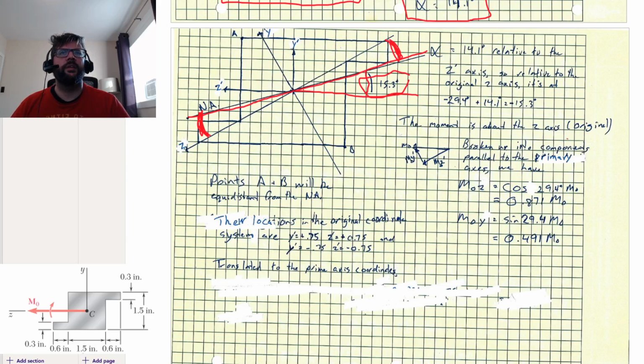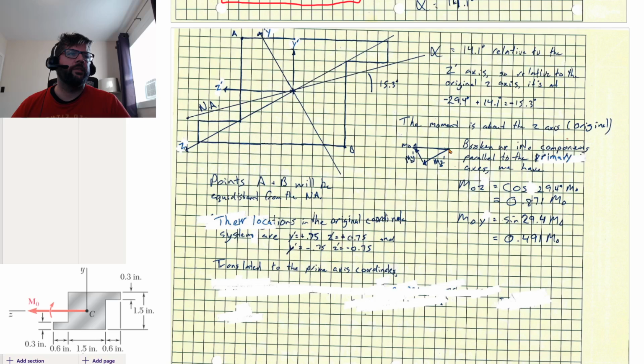And we basically also need to determine what the moment is relative to the, in terms of rectangular components parallel to the prime axes in question.